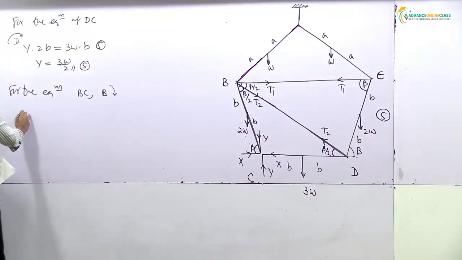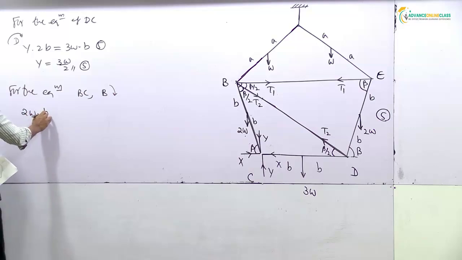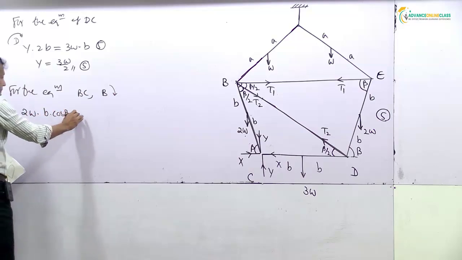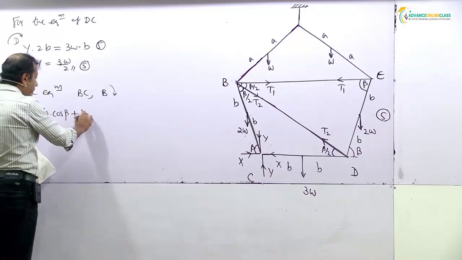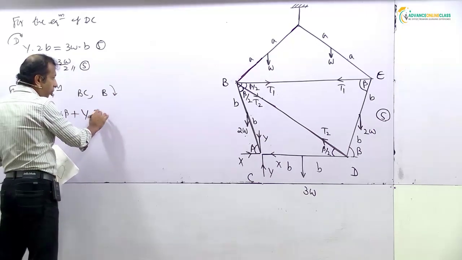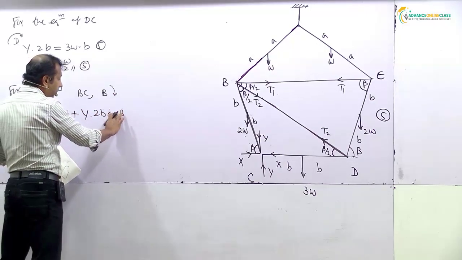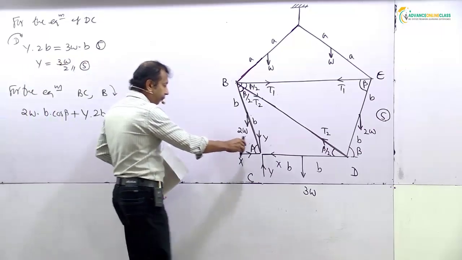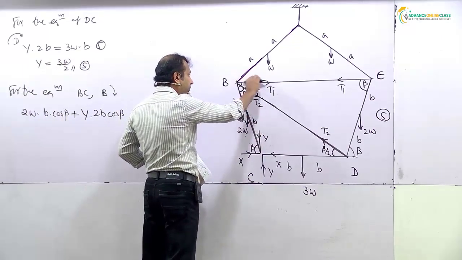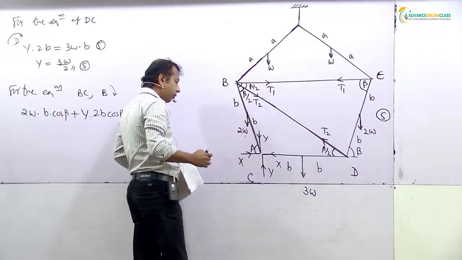So 2W B cos beta plus Y into 2B cos beta, correct? This length we need. This is beta, so 2B cos beta.